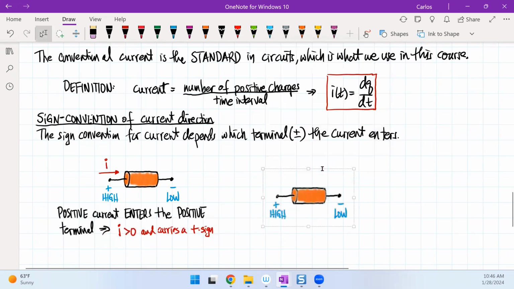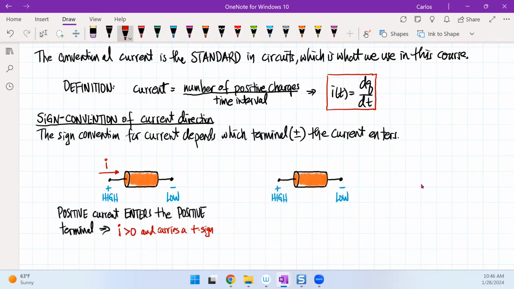Now, on the other hand, what if I have this situation? In this situation, what you're going to see here is that now the current is entering the negative terminal. Then we say that the negative current enters the negative terminal.